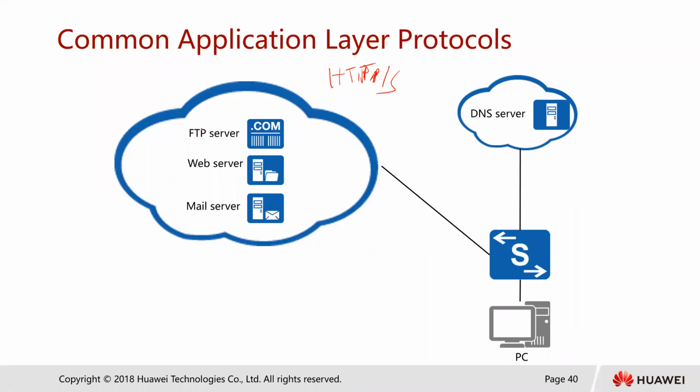We talked about FTP, the File Transfer Protocol, which is used to upload and download file resources. And we talked about DNS, which refers to the domain name resolution protocol, used to resolve domain names to IP addresses, right? These are some of the common protocols.